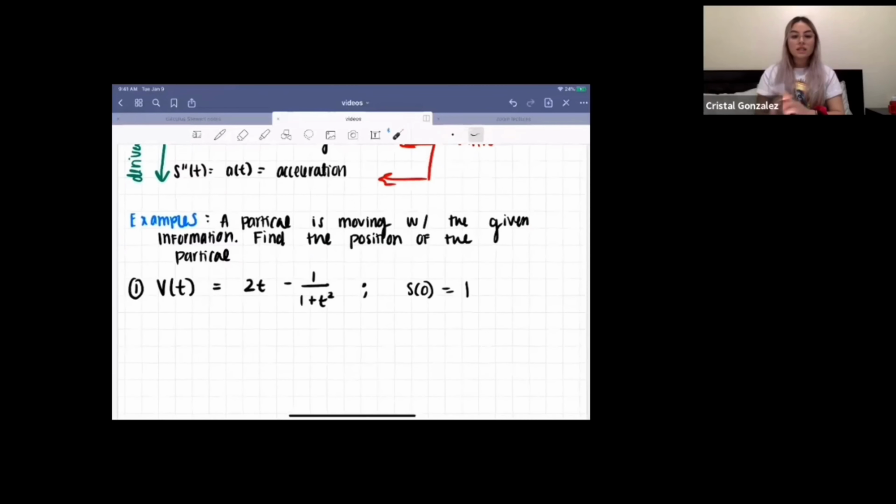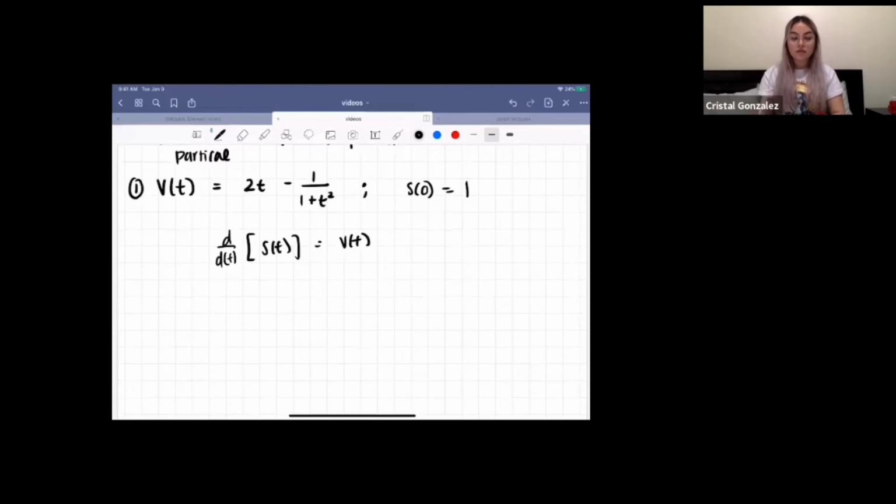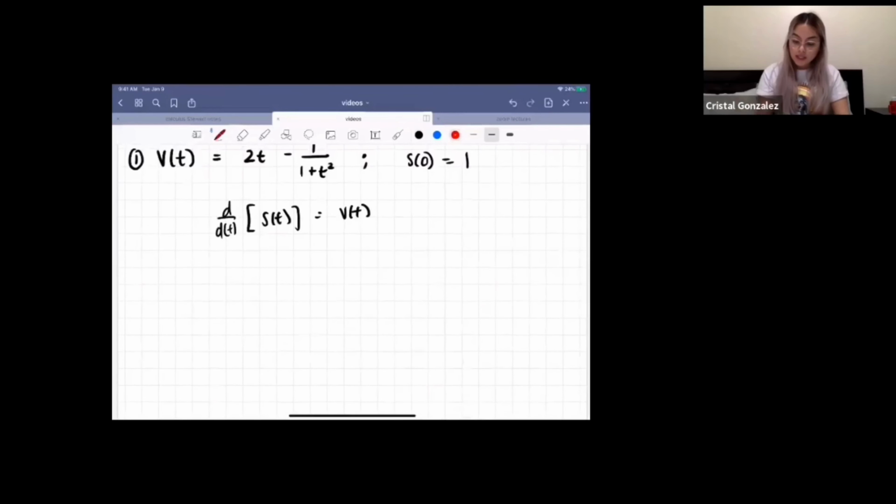Remember that the derivative of the position is going to give us the velocity function, so we need to take that antiderivative. So when we take that antiderivative, go ahead and pause the video and see if you can do it yourself. It's a good habit, but I'll keep doing it here.